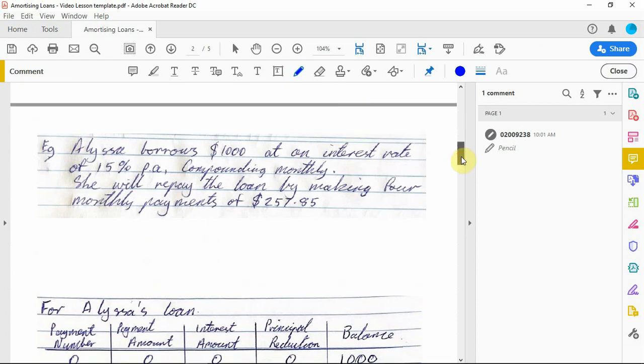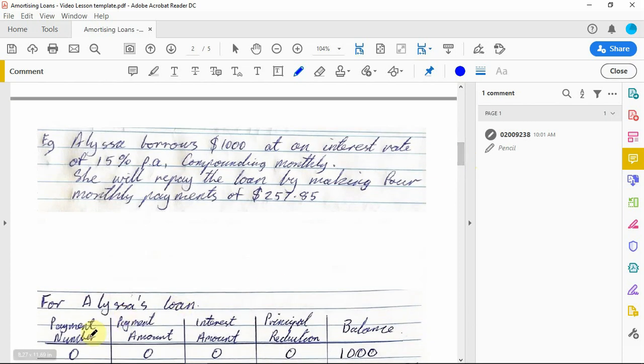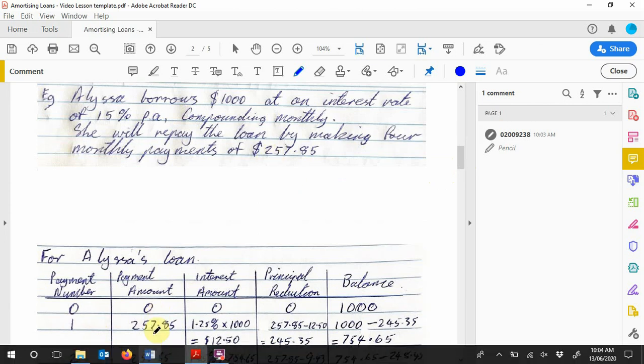So, for example, here we go. Set it up. So at the beginning, because the loan was 1,000, the balance at the start is 1,000. Alright, then we go down to the first payment. So her payments are $257.85, so they'll be the same all the way down.